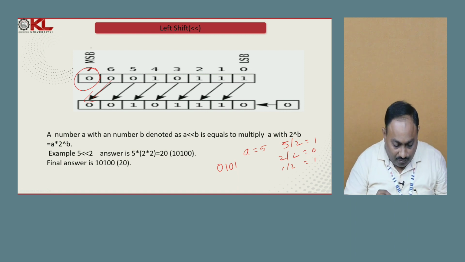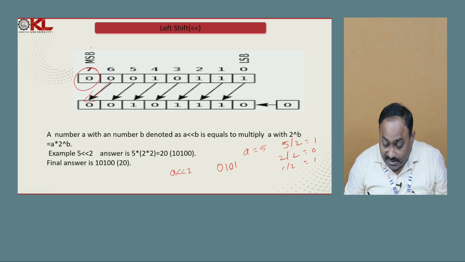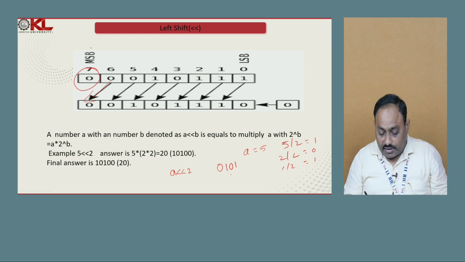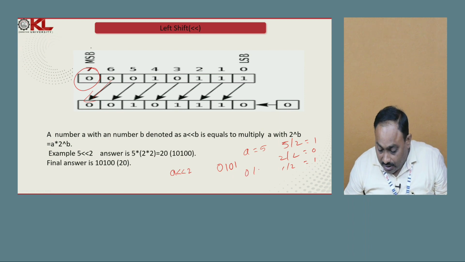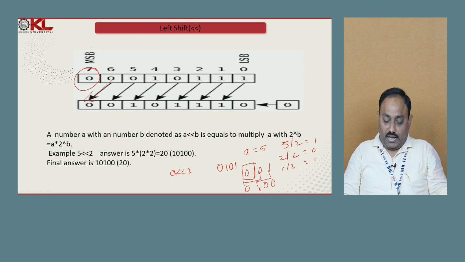Now I want to perform a left shift by 2. I want to perform a 2-bit left shift on this number, that is 0101. Now what happened? These 2 bits will be moved here, this 0 comes here, this 1 comes here, and here we have 2 zero bits. Like that we can get it.